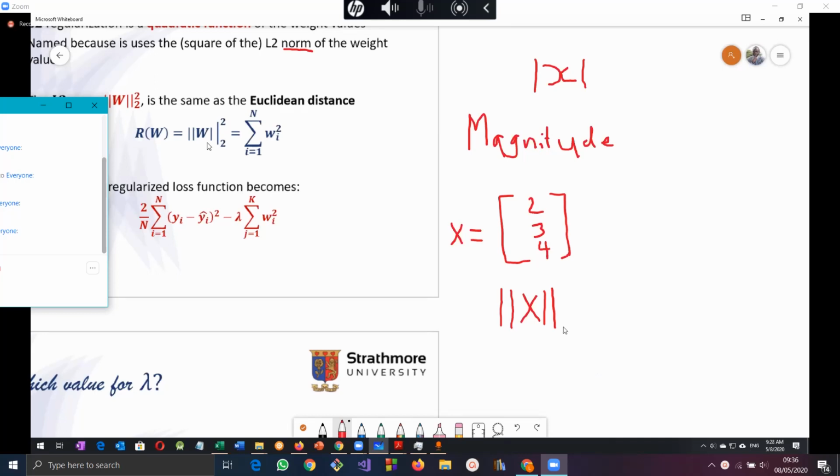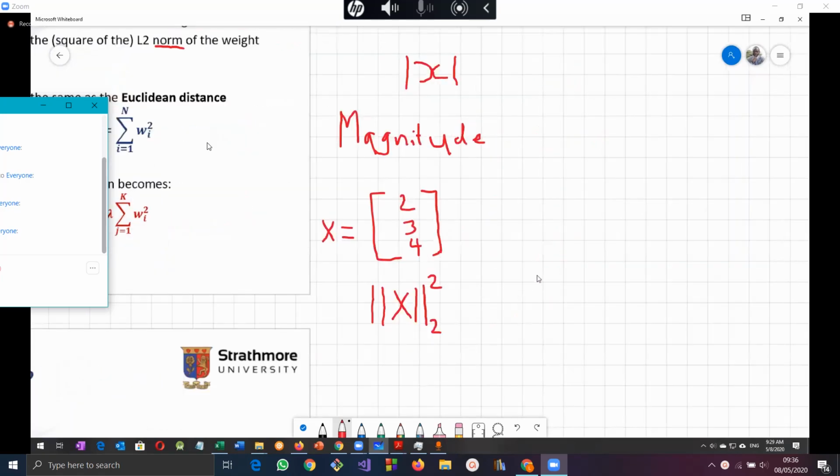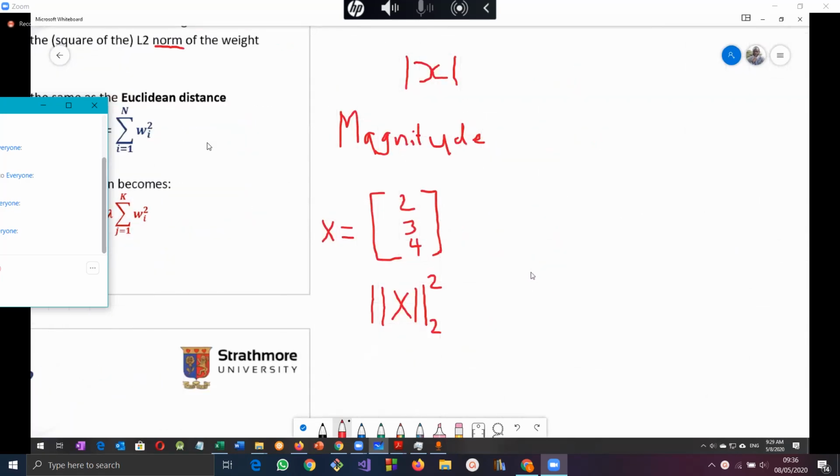Okay, so this is the second norm. Sometimes you bring also the power here. So how do you get the second norm? It's easy. It's just the Euclidean distance.